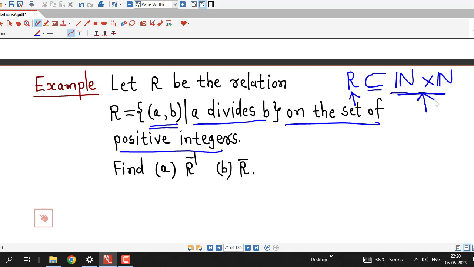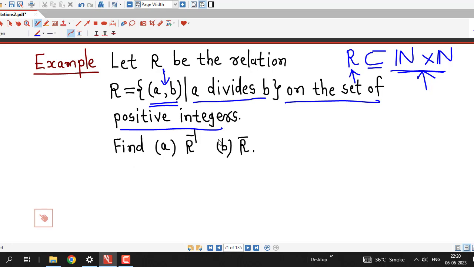This set is infinite, and we have an infinite number of ordered pairs such that A divides B, or the first member divides the second member, and I have to decide what is the converse of this relation and what is the complement of this relation. So for converse, suppose I am interested in an element of the converse of a relation.